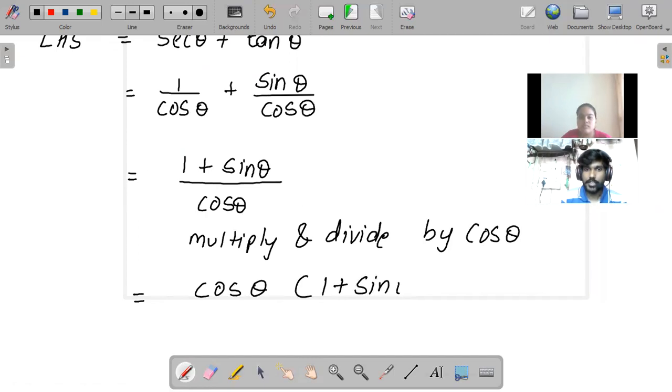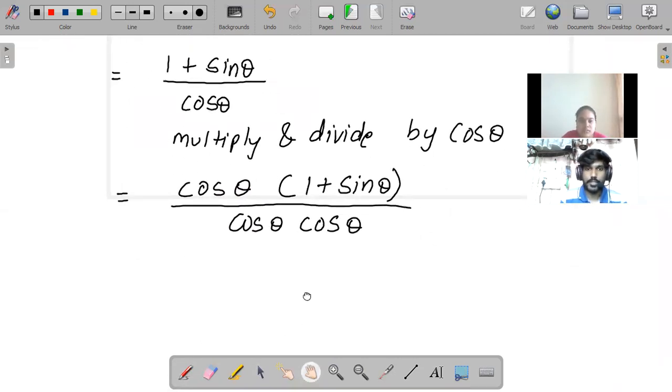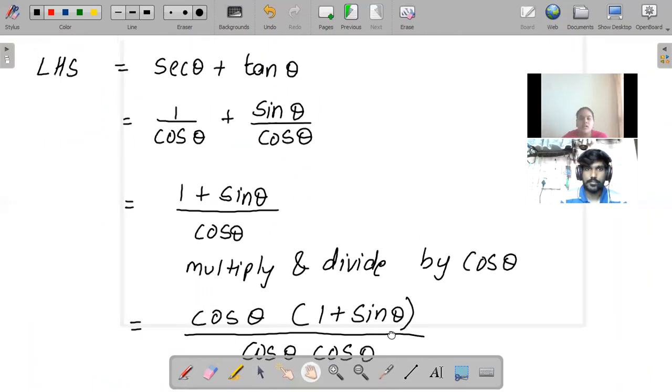So you're multiplying cos theta and you're even dividing it by cos theta. Did you understand this? Okay. The reason we are doing this is because I need cos theta up. That is why I'm multiplying and dividing also by cos theta. Both has to be done. Now, look carefully. Just one second.